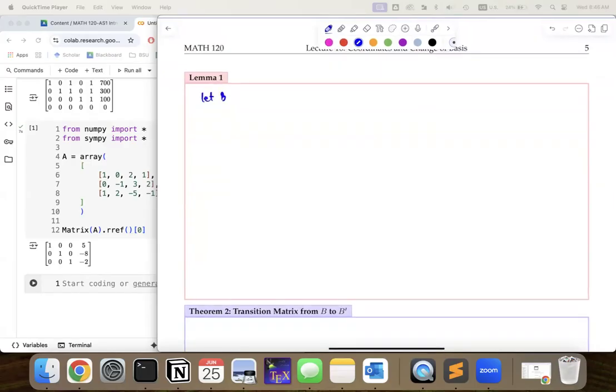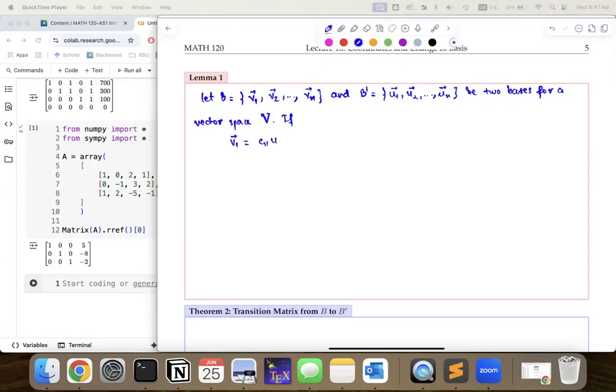Let B, capital B, be the set V1, V2, up to Vn, and B prime be the set U1, U2, up to Un, two bases for a vector space capital V. Suppose V1 is equal to C11 times U1 plus C12 times U2 plus up to C1n times Un.